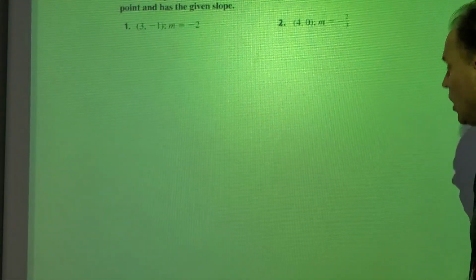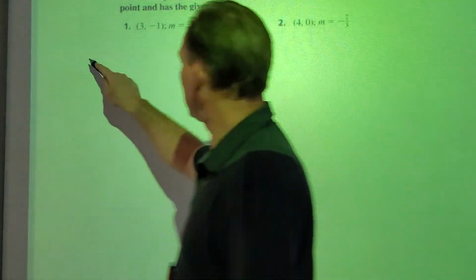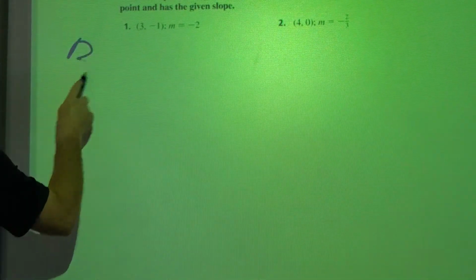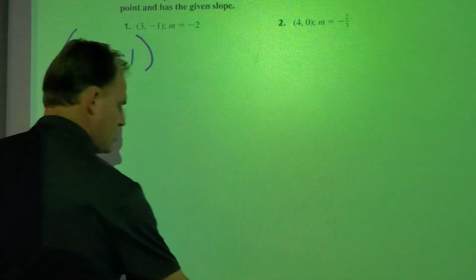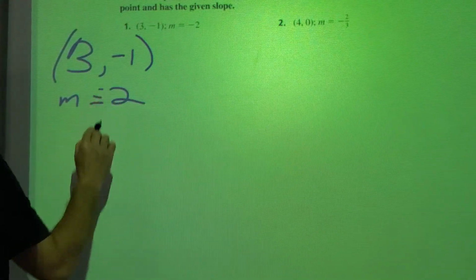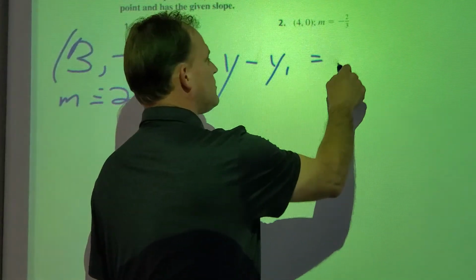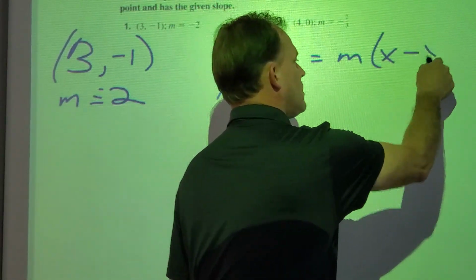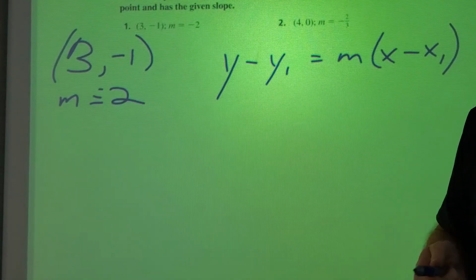So, let's do it again. Let's do this one. In case you can't read it, it's 3, negative 1, and the slope is negative 2. When you do this, especially in the beginning, write the formula down so you kind of get the hang of it.